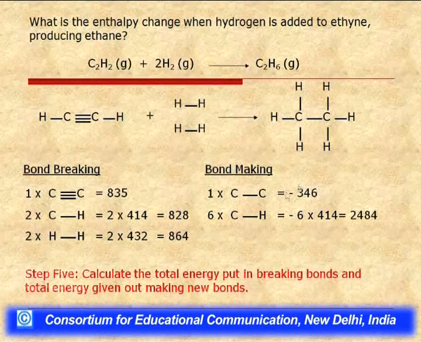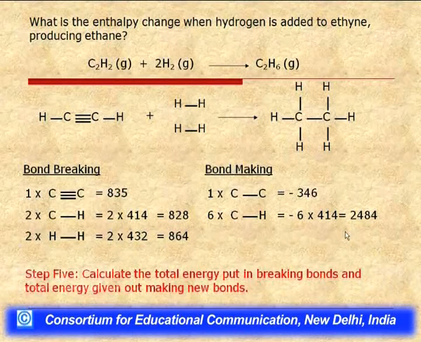Now, here are the signs which we have introduced. In the bond making, energy is released, so we need to give a negative sign to the bond making process of all the bonds. One carbon-carbon single bond needs to be formed, so there is an enthalpy change accompanying this bond making. We need to add to it 6 times the enthalpy involved in the bond making process of 6 carbon-hydrogen single bonds.